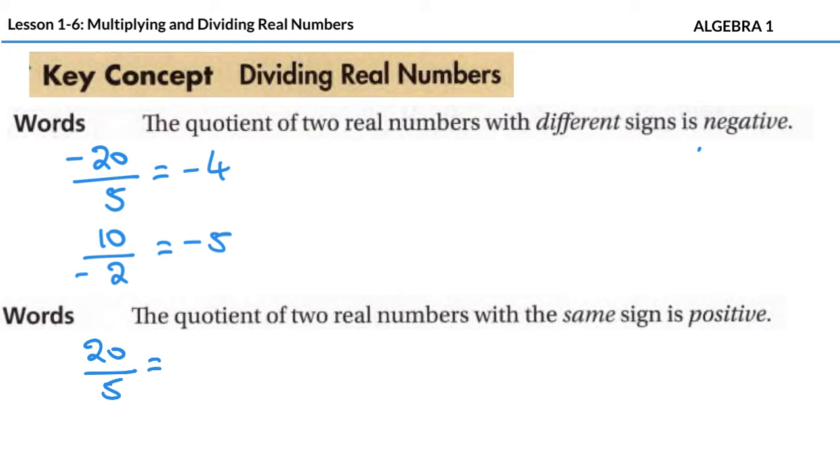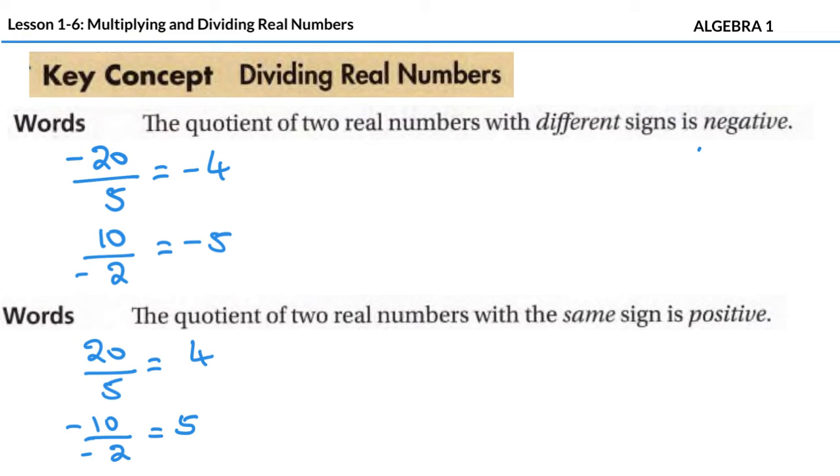So 20 divided by 5 is 4. Okay, another example, negative 10 divided by negative 2. What's the answer? The quotient is going to be positive because both the numbers have the same sign. So it's going to be positive 5.